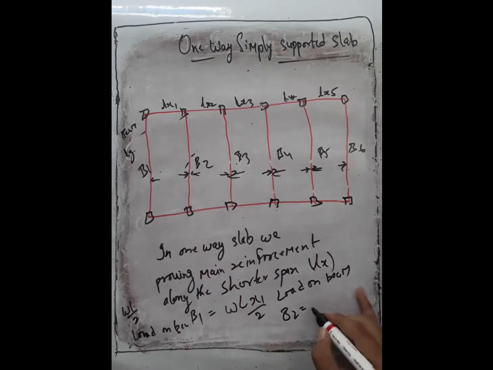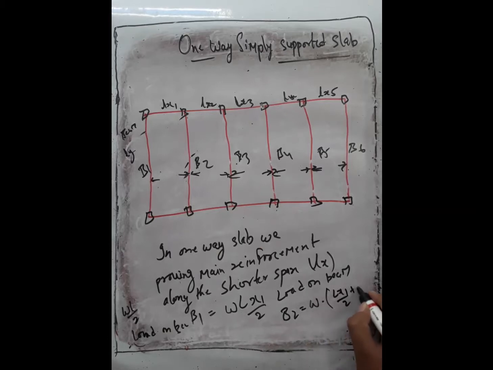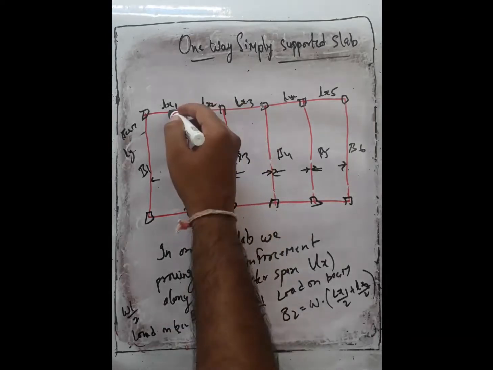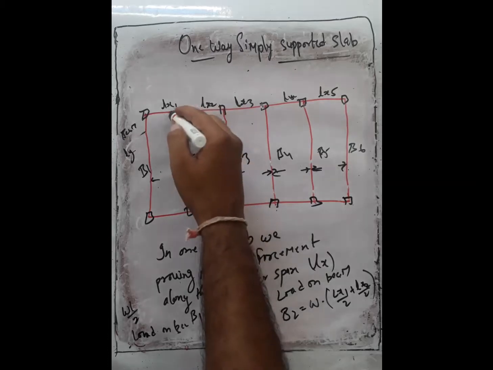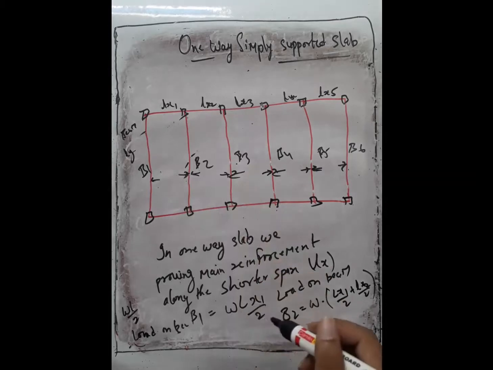So B2 is equal to W times Lx1 by 2 plus Lx2 by 2. If I say this is Lx2 and here Lx1, the beam is sandwiched between Lx1 and Lx2, so we take half of Lx1 and half of Lx2.